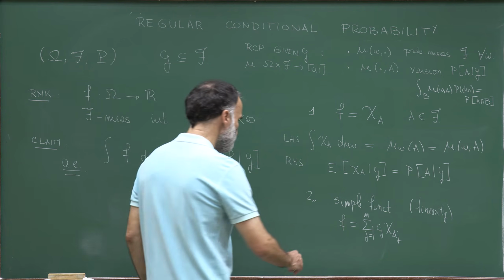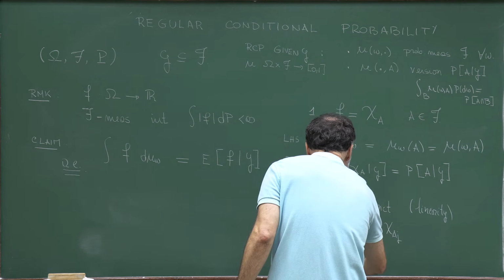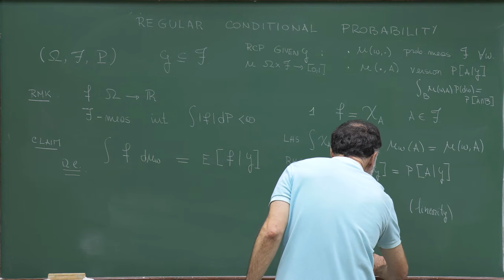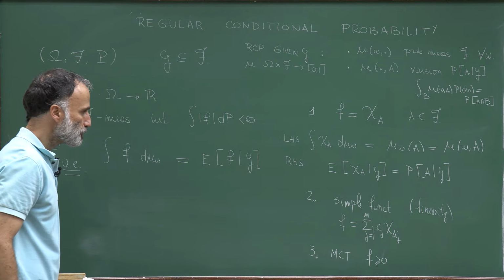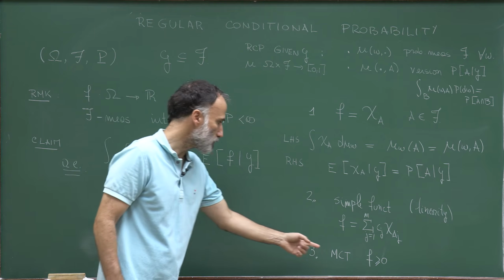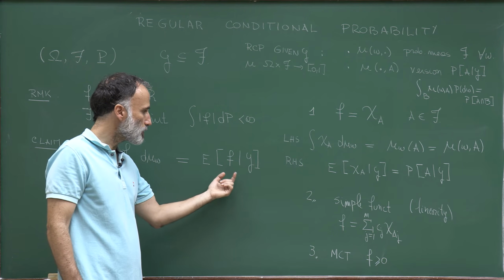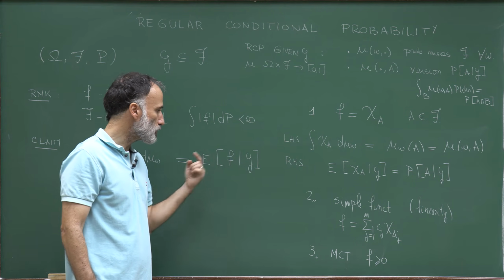Then we use the monotone convergence theorem to extend this identity to a function f which is non-negative. Here, I'm using, on the left-hand side, the usual monotone convergence theorem for integrals, while on the right-hand side, I'm using the one which we proved in the last lecture, the conditional monotone convergence theorem.